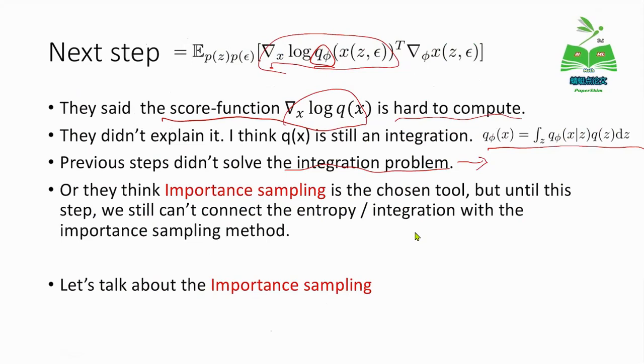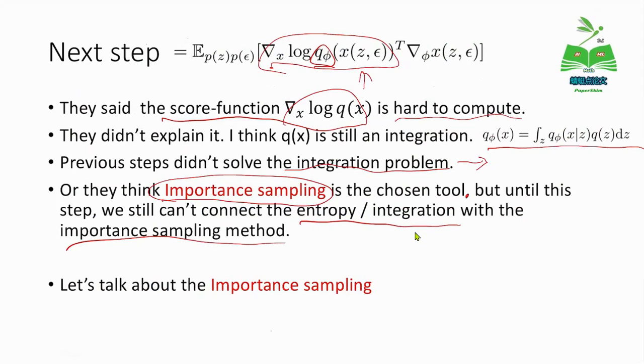Then from the result they work out the whole path, how we can use importance sampling and come up with the derivation. So we have the target, we want to use importance sampling, but from this formula we cannot yet connect the entropy, or the integration, with the importance sampling method.